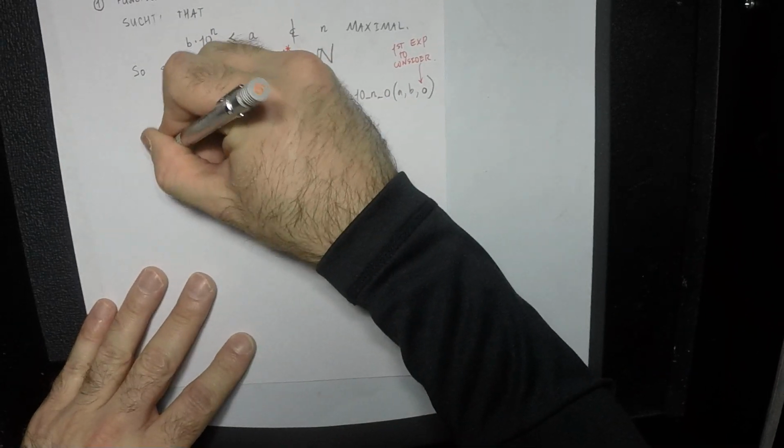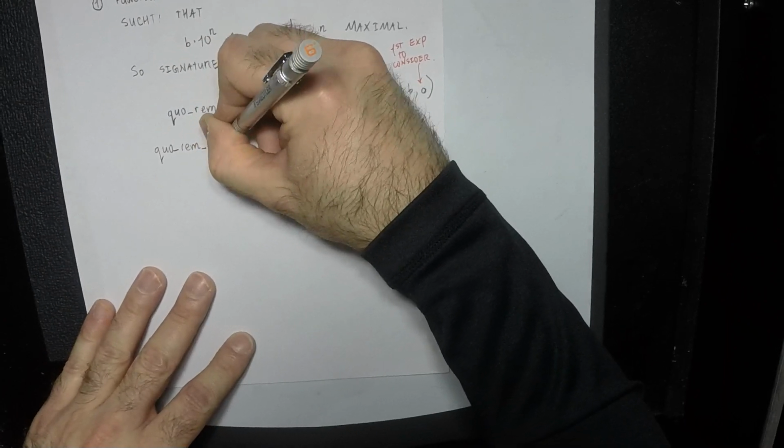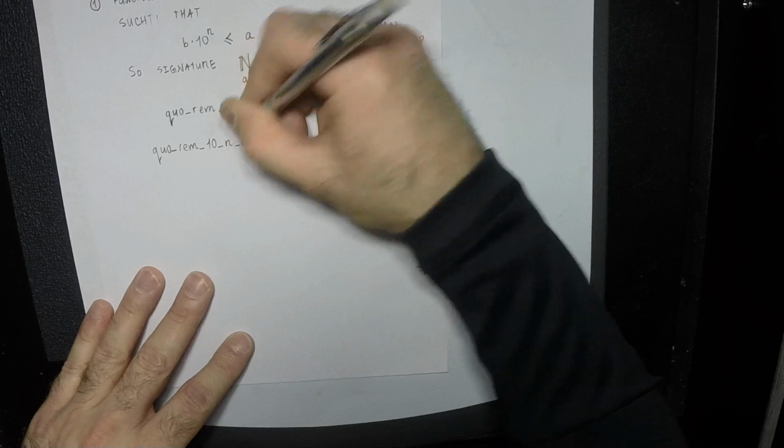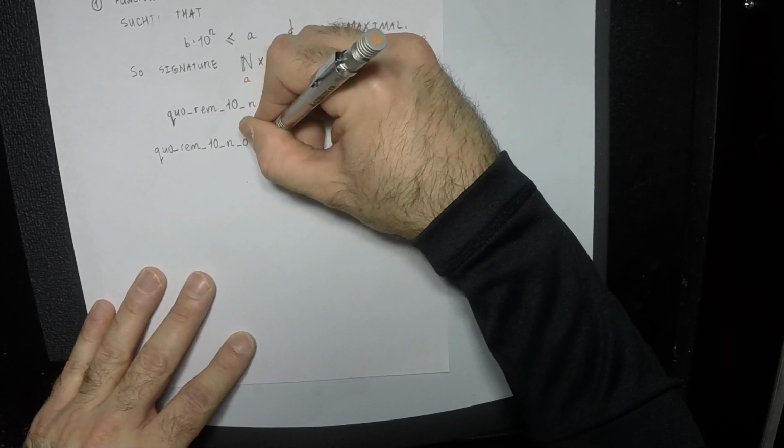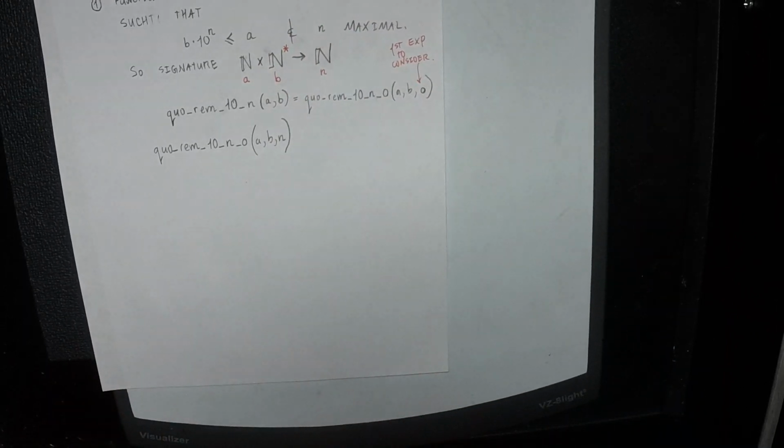So now, if that's the case, we need to define that function. All right. quo_rem_10_n_0 of a, b, and n. Okay, so that means that we want to divide a by b, and furthermore, we're going to have a try with exponent n. So here we want to write a function that's asking the question, can we use n?